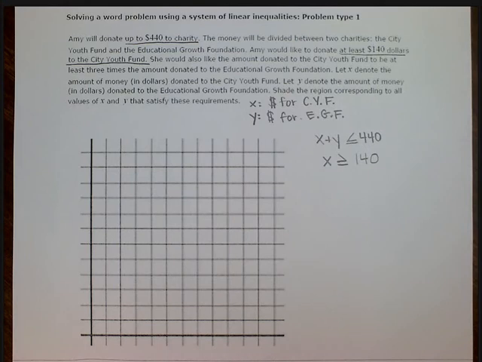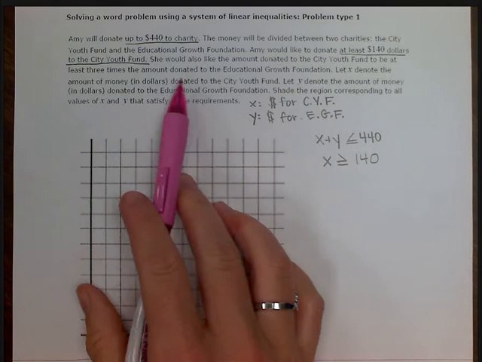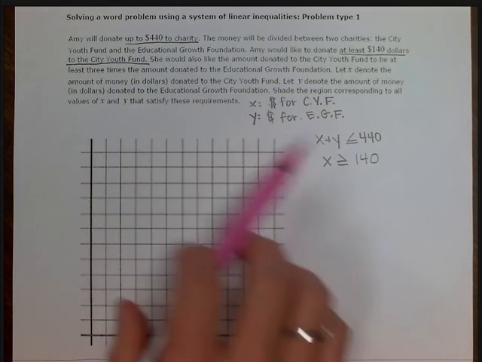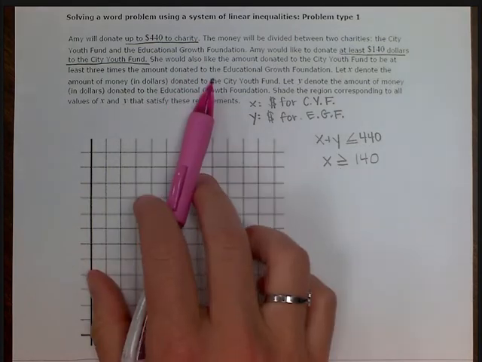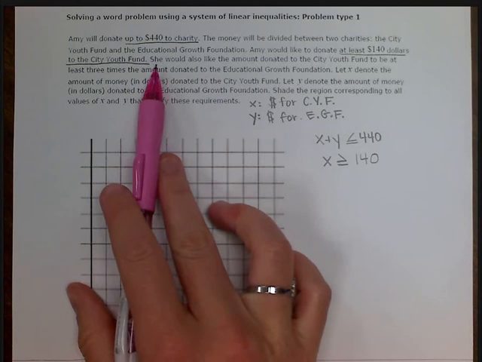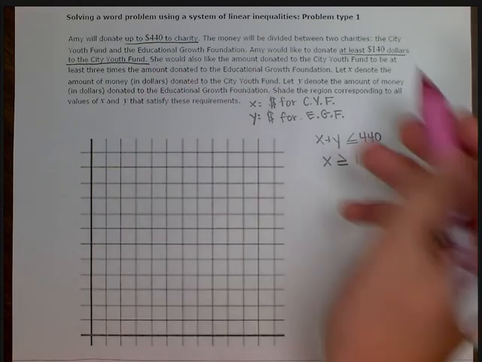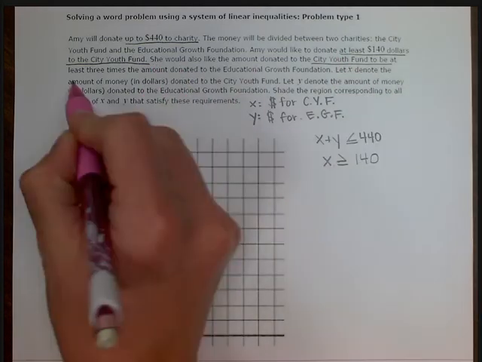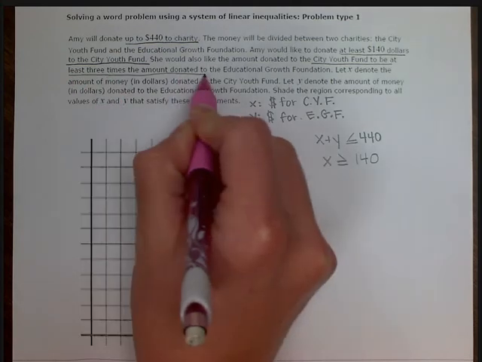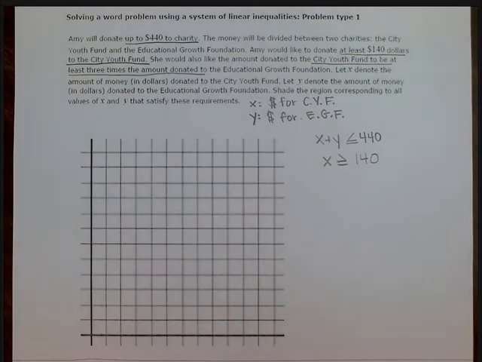All right. Now we have more information, so we're going to keep going. Even though we have 2, we're not done until we take care of all of our information from the problem. She would also like the amount donated to City Youth Fund to be at least 3 times the amount donated to the Educational Growth Foundation.